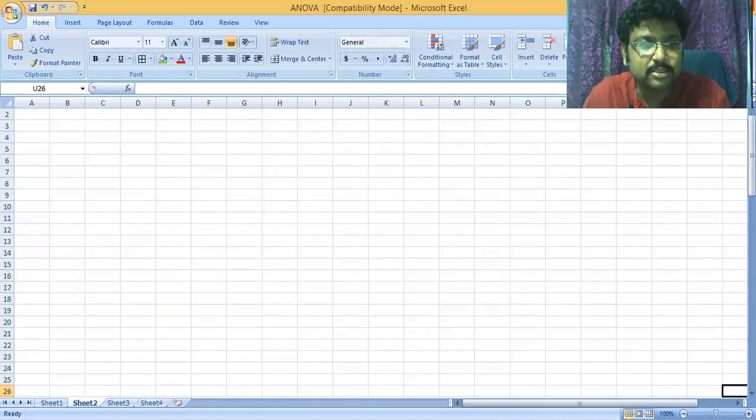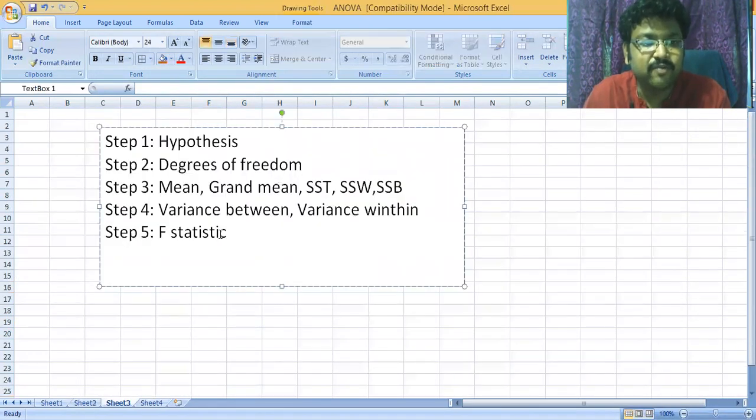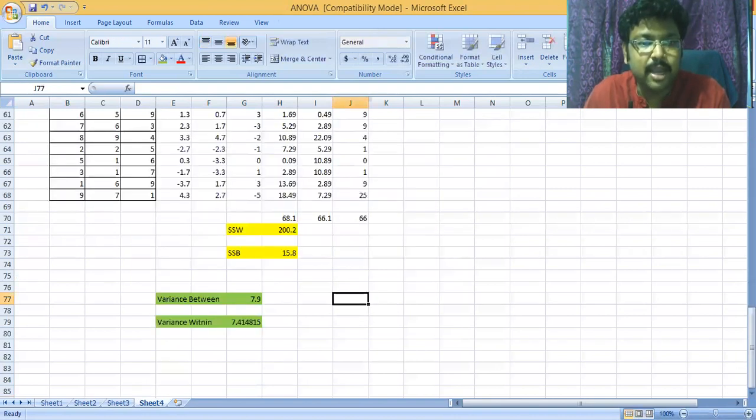Look at the final step. We have calculated the variance between and variance within. Now how can the F statistic be calculated?